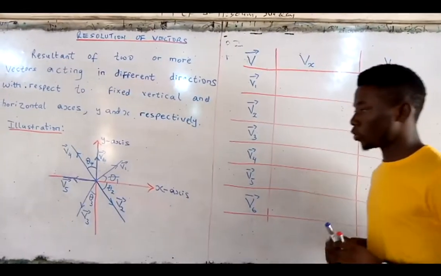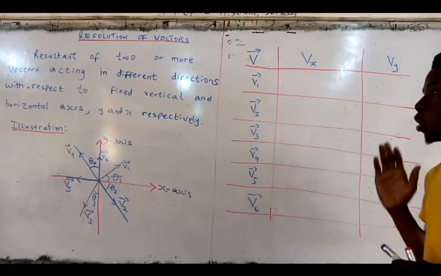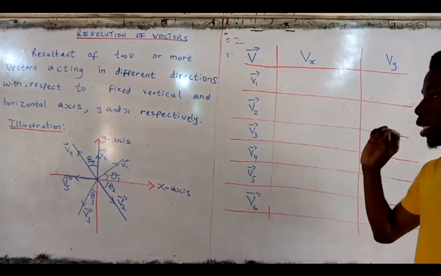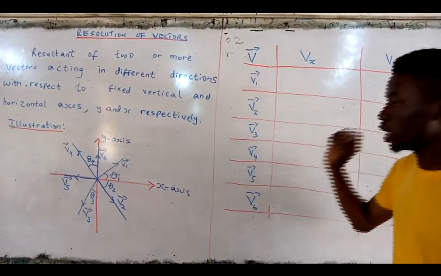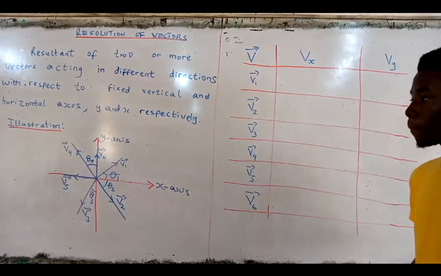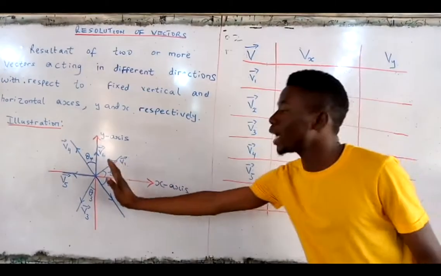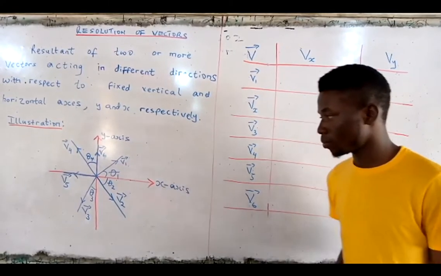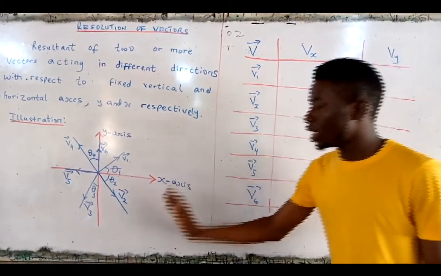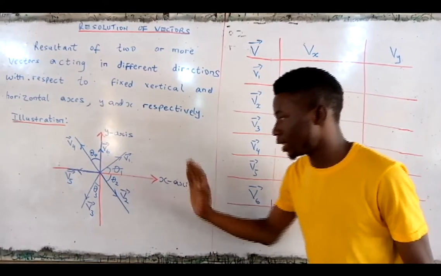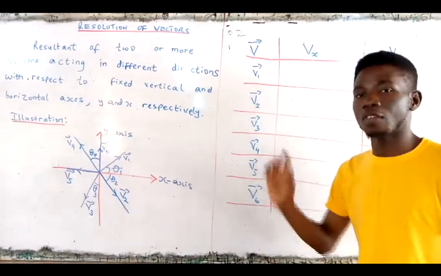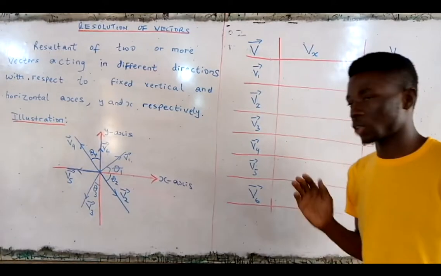Starting from vector v1, one of the things we consider is the sign that each vector is going to take. Vector v1 is acting on the right hand side of the x-axis. This implies that for the x-axis, vector v1 is going to have a positive value.